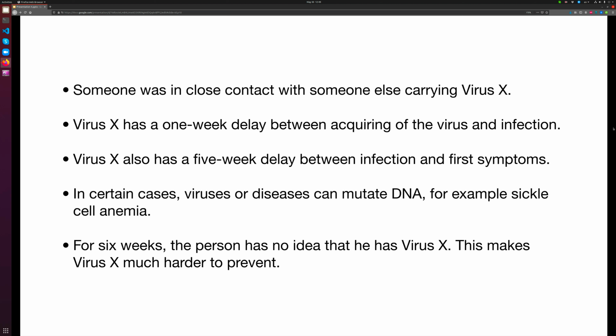Most of the time, mutations arise just by errors in DNA replication. There's no way you can predict these issues. But viruses like virus X might have a delay between acquiring the virus and infection, and a delay between infection and first symptoms.